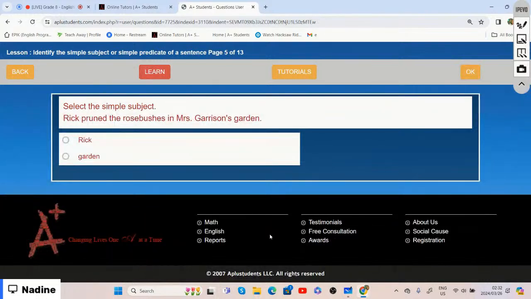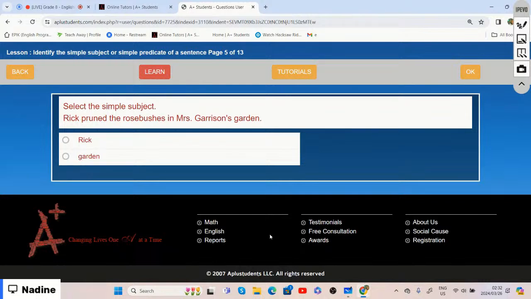It says, Rick pruned the rose bushes in Mrs. Garrison's garden. So if we select our simple subject, is it Rick or is it garden?